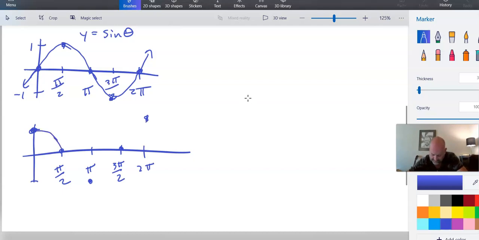So you need to know the basic shape of these graphs, because we're going to be modifying these. In fact, we'll start modifying them today, but these are our two basic things here.